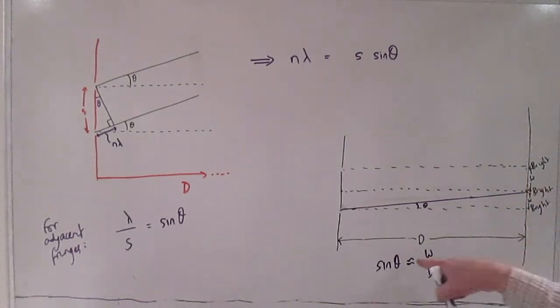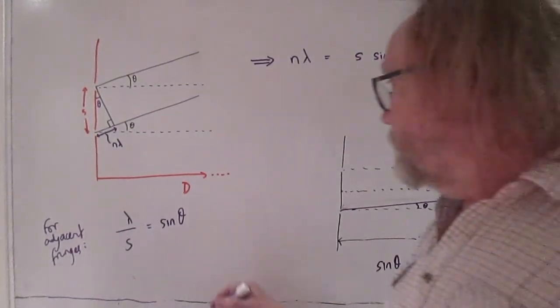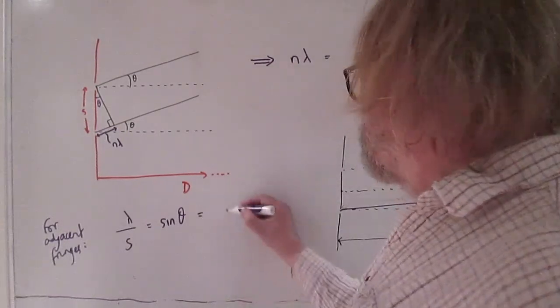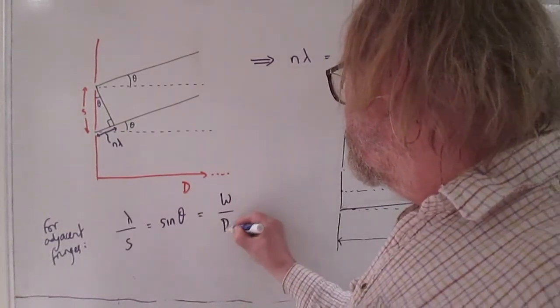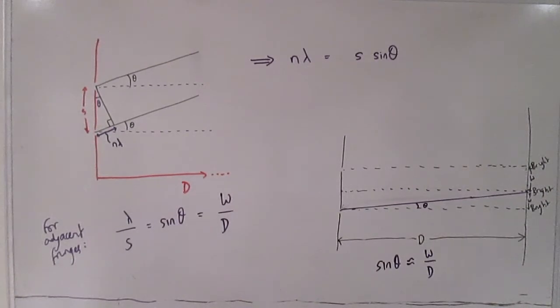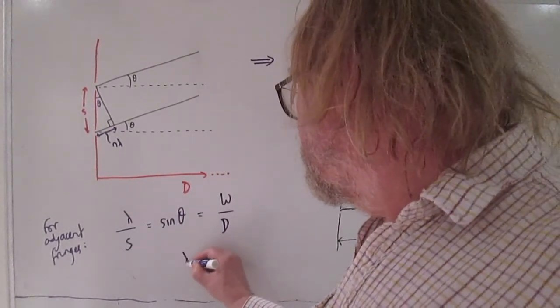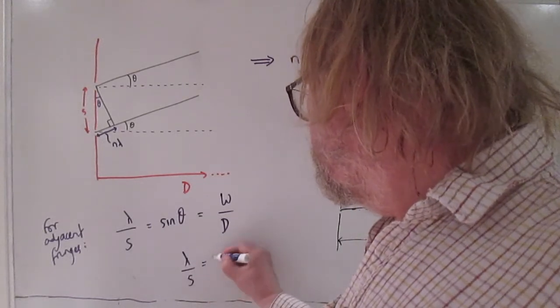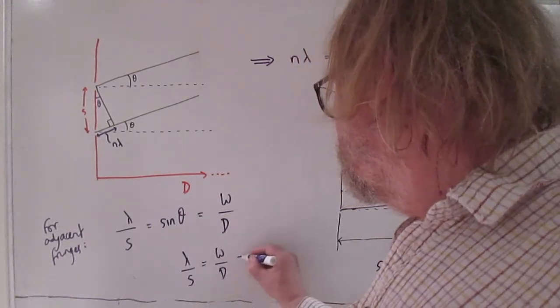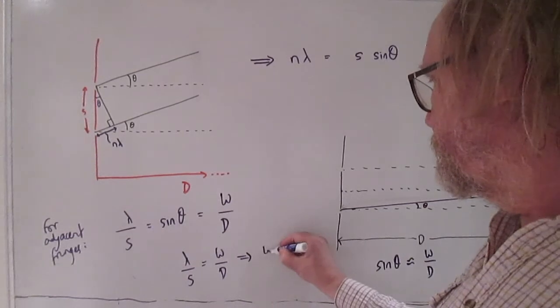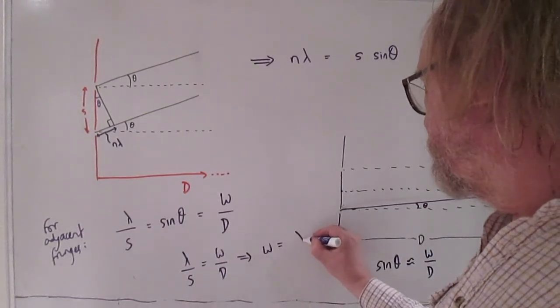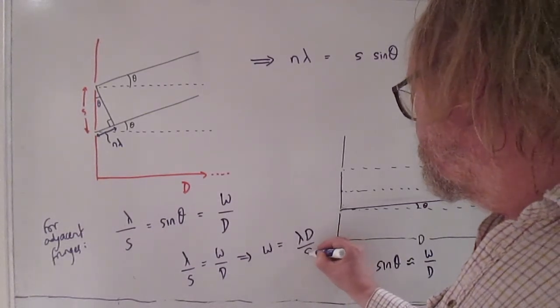And from this one, sine theta is also equal to w over d. And so obviously we can combine those and say that lambda over s is equal to w over d, which means that w is equal to lambda d over s.